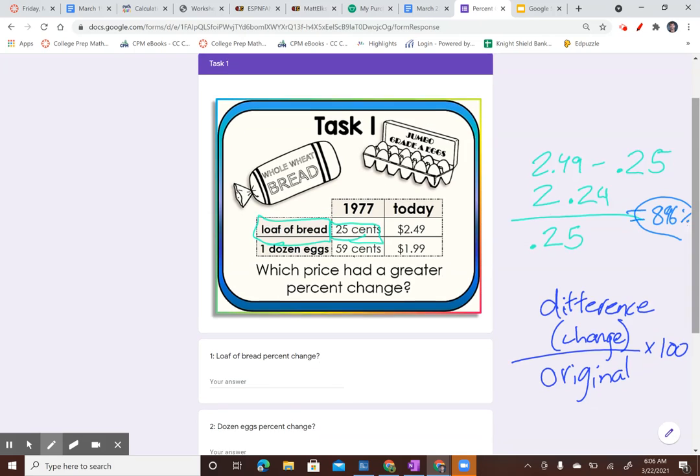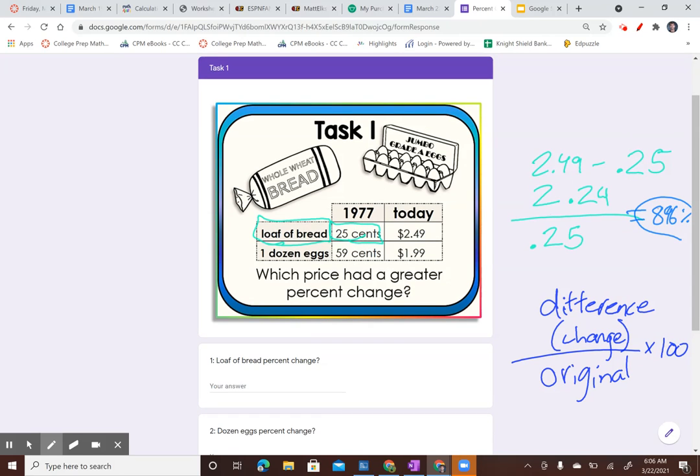So 896% is my percent increase for my loaf of bread, which makes sense because the cost of 25 cents has doubled and then doubled again and doubled again. So it has gone up so much since 1977. In fact, it has gone up almost 900%.